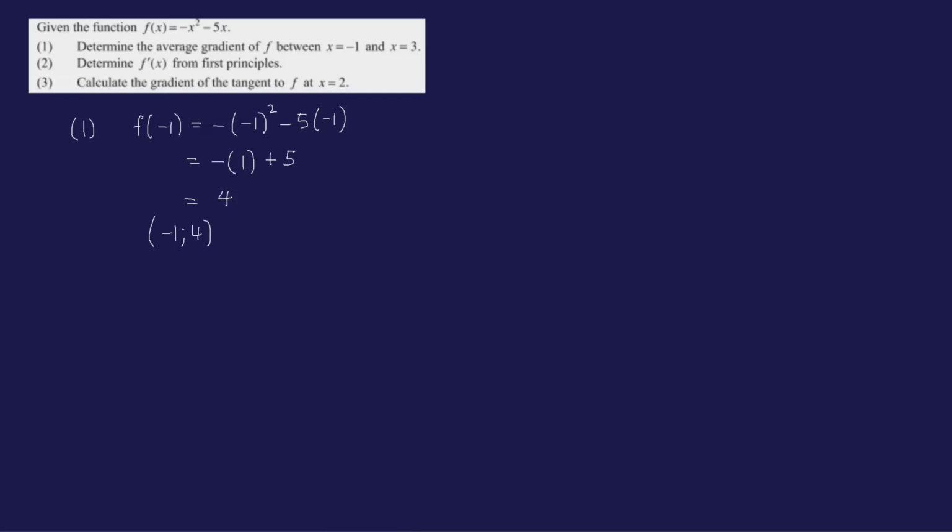Then let's work out what f of 3 is going to be. So f of 3 is going to equal minus, and then 3 squared, minus 5, and then 3. So this is going to be minus 9, minus 5, 10, 15. So this is going to equal minus 24. So this coordinate will be 3 and minus 24. So the average gradient is going to equal y2 minus y1 over x2 minus x1.